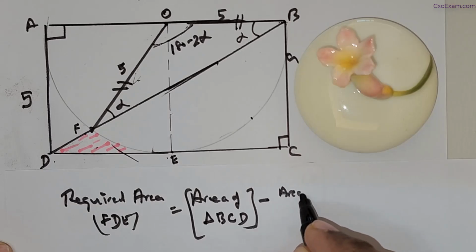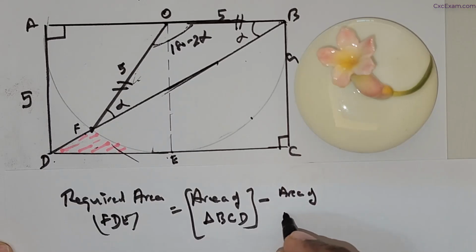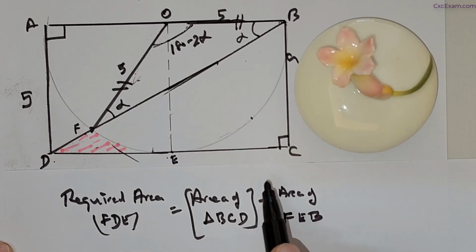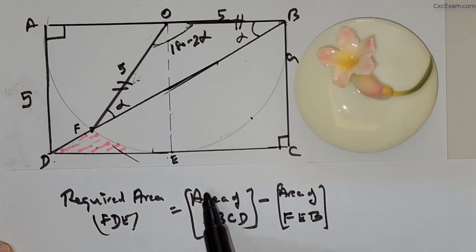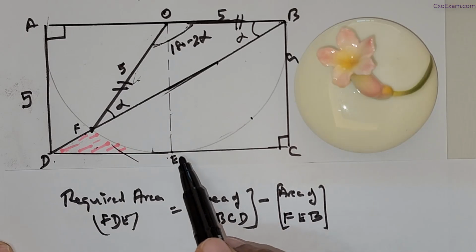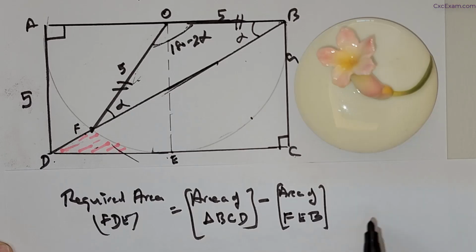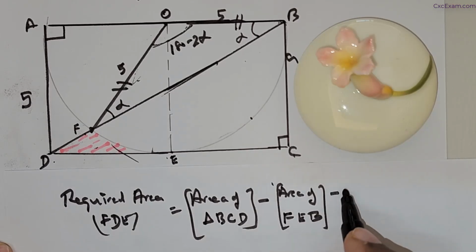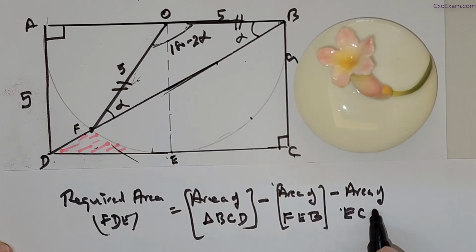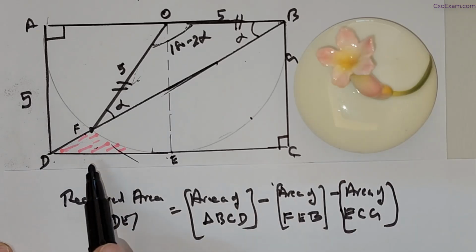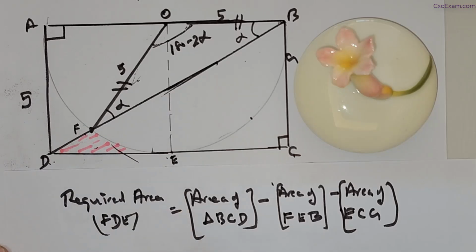I take away the area of FEB, and following that I would have to take away the area of ECG, right? So this is going to be removed also, area of ECG. Okay, and the resulting area would be FDE. I hope this point is clear to you.